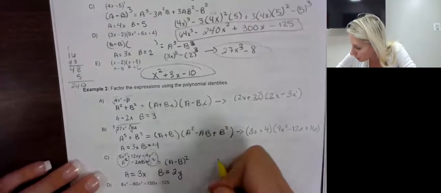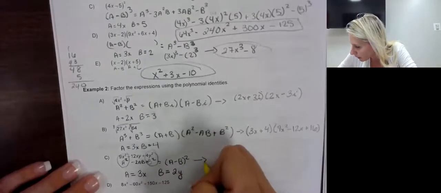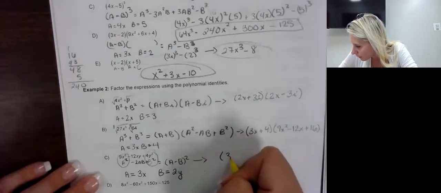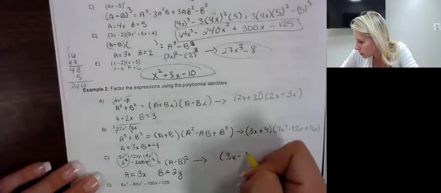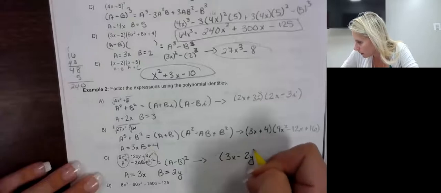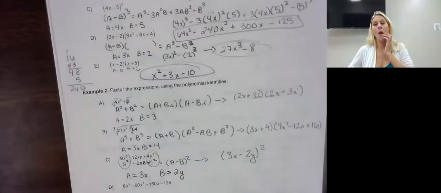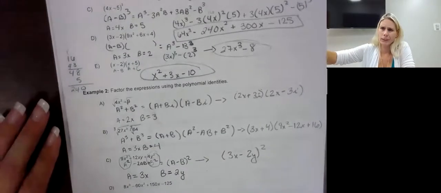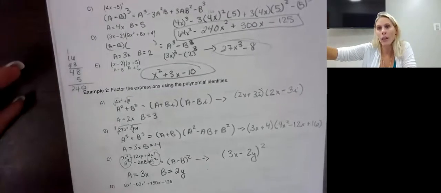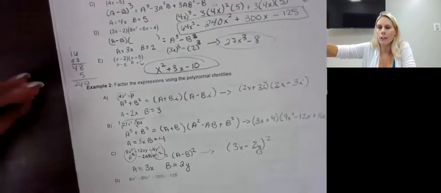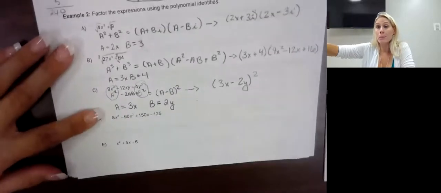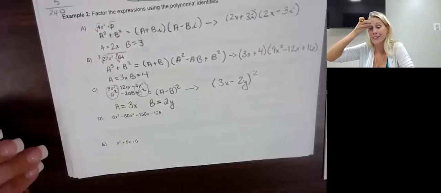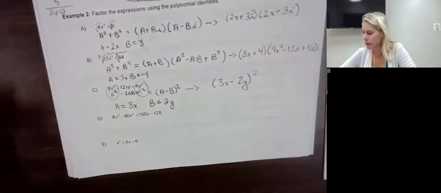So when I substitute that in, I end up with 3x minus 2y squared. Now, could we FOIL? Yeah, well, not FOIL. Factor A times C, all of that stuff we could, but then it gets more complicated as we go. So I'm going to see if there's patterns.